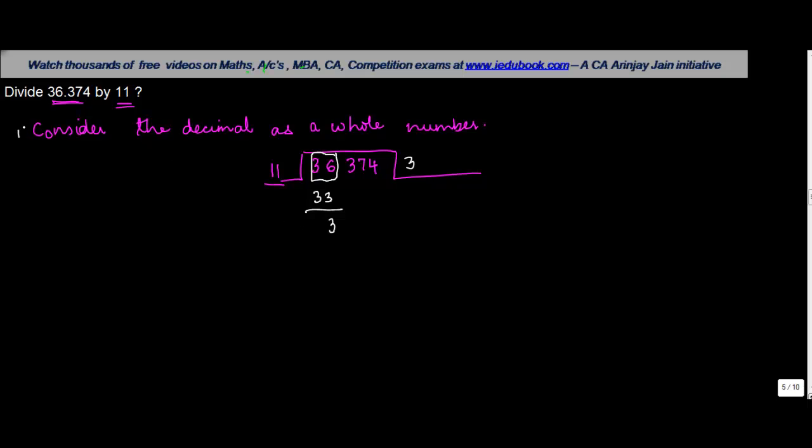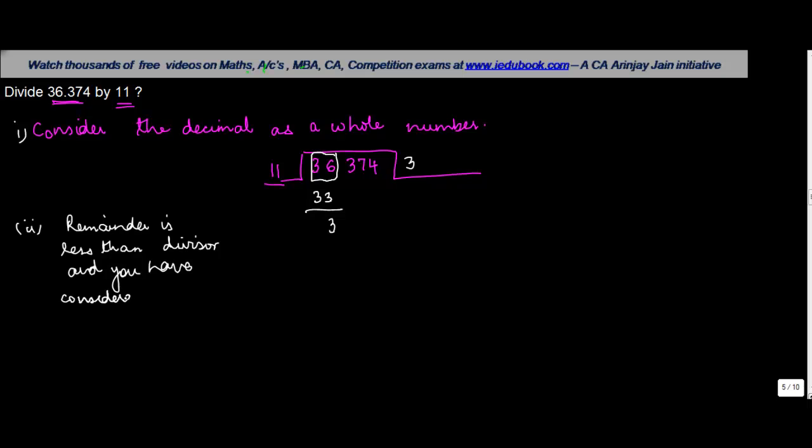Now the point I am trying to make here is that the second step comes in once you have reached a position where your remainder is less than the divisor and you have considered the entire whole number part of the decimal.